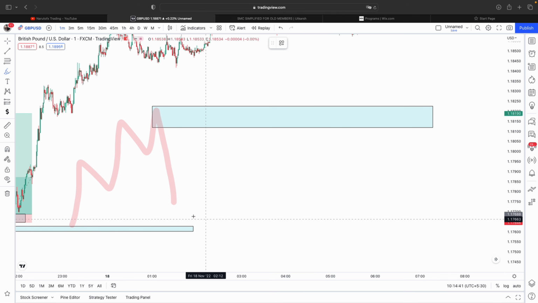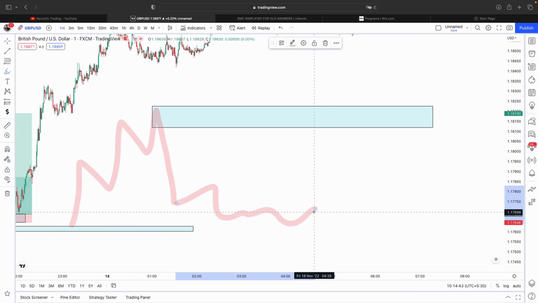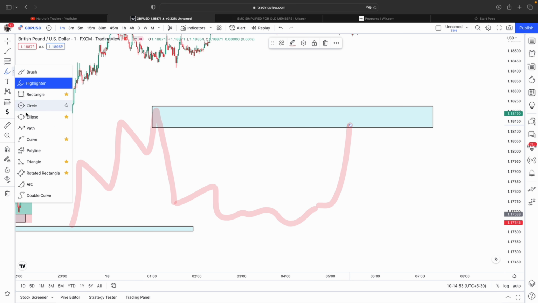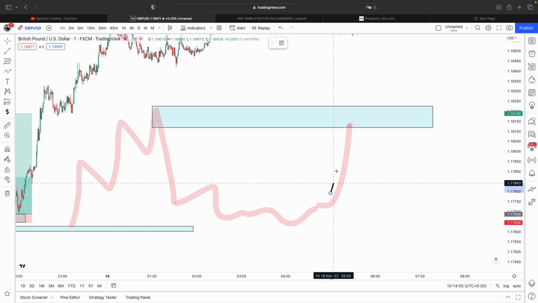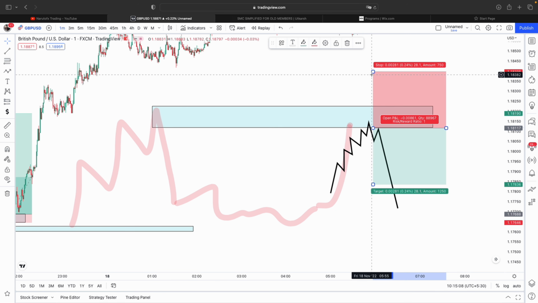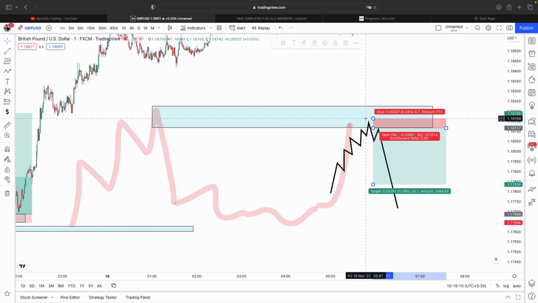Next time, if price creates liquidity over here and comes to this zone, we will not enter directly. We will look for lower time frame structure, like 5 minutes especially, and wait for change of character. So this is the confirmation entry. You will enter over here and the stop loss will be over here.